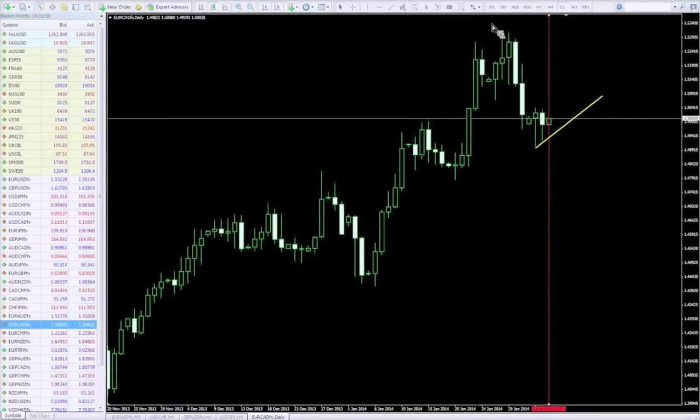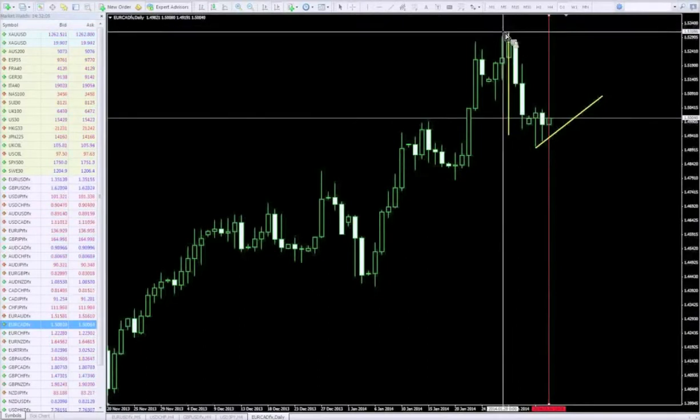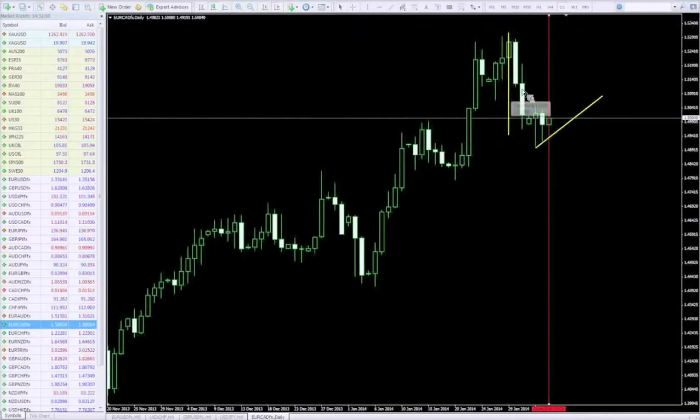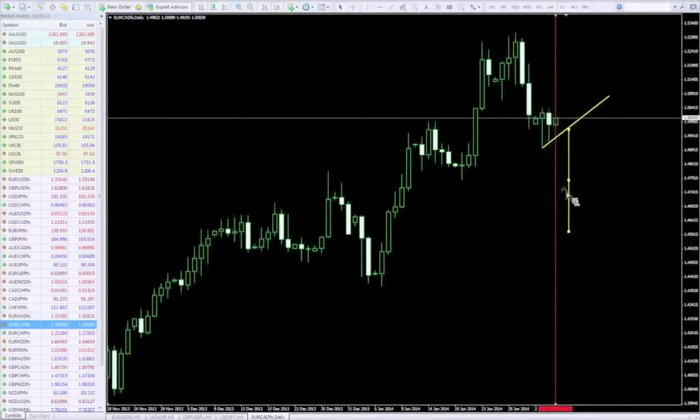So this is giving me evidence that this may be push down number one. Let's measure it. Thrust down number one is 370 pips. So thrust down number two should roughly be 370 pips.